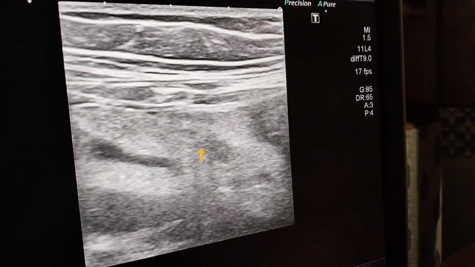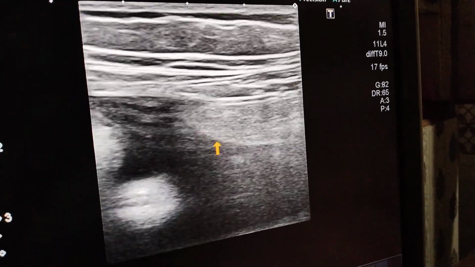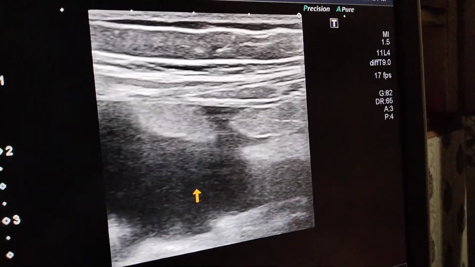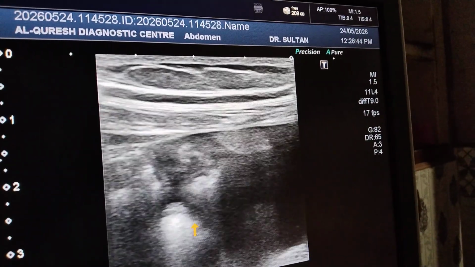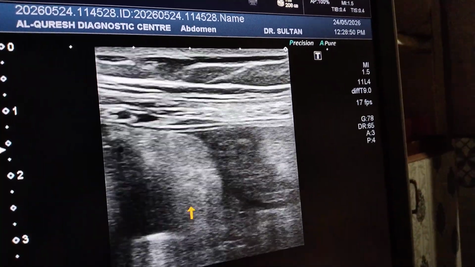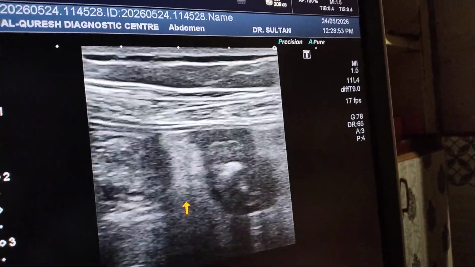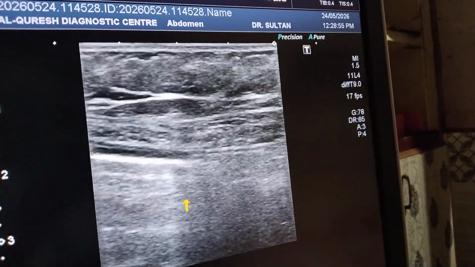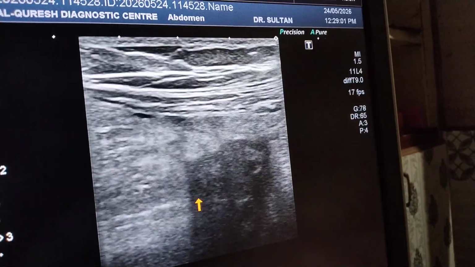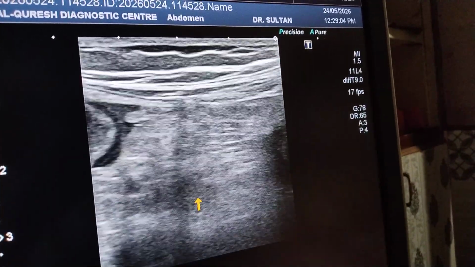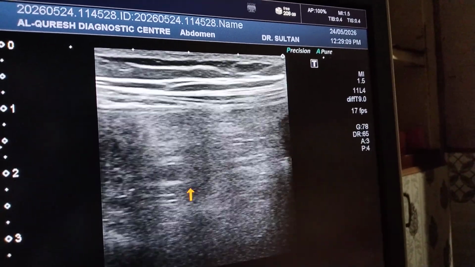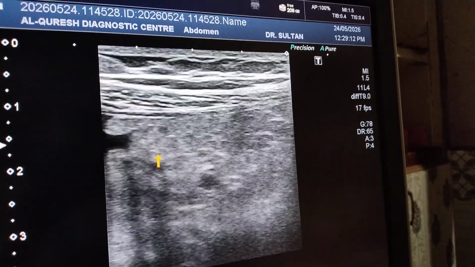Here we can appreciate, look here, the ascites is present. It means that the mass has involved the peritoneum. So here we can appreciate this area.